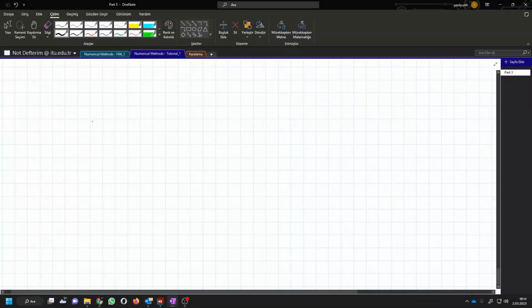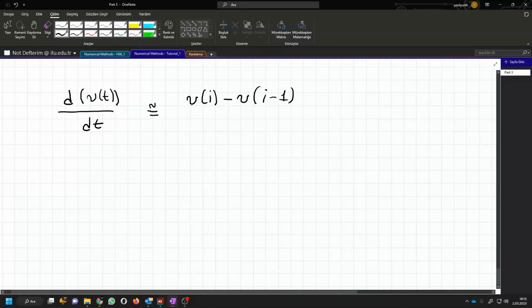So what if we write down Euler's formula in another form? Let's say dv(t) over dt approximately equals v(i) minus v(i minus 1) over t(i) minus t(i minus 1).